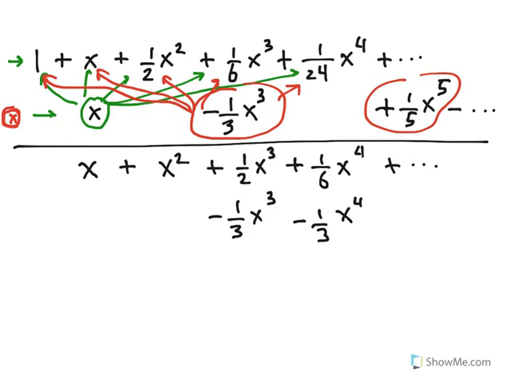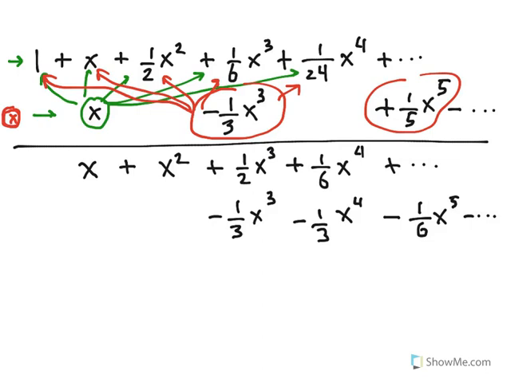And then I have negative 1/3 x cubed times 1/2 x squared. That's going to be negative 1/6 x to the fifth. And of course, it just keeps going after that. There are infinitely many terms.